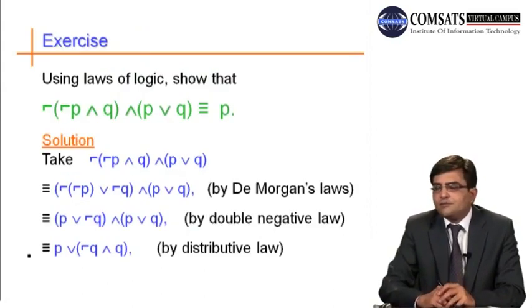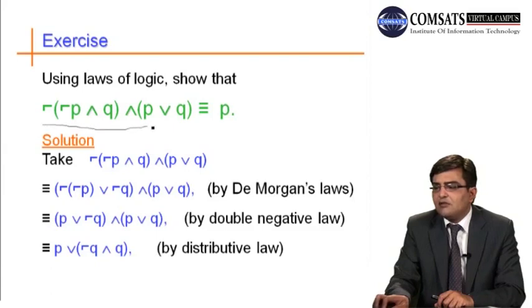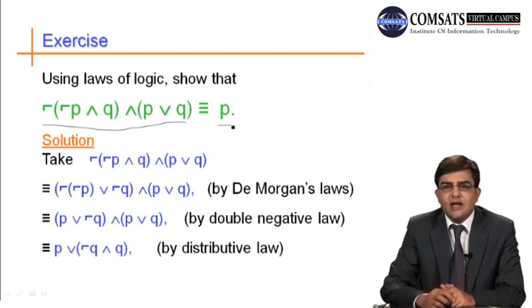Now we'll prove that this compound proposition is logically equivalent to P using the rules of logic. As I have told you, there are two methods to prove the logical equivalence of compound propositions.